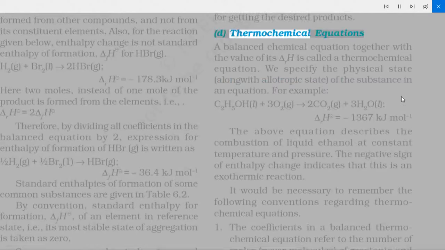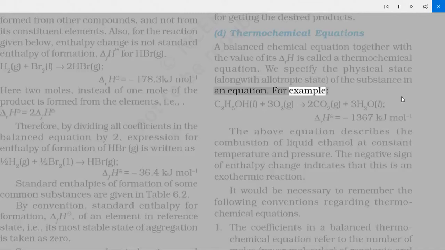D. Thermochemical equations. A balanced chemical equation together with the value of its ΔrH is called a thermochemical equation. We specify the physical state, along with the allotropic state, of the substance in an equation.